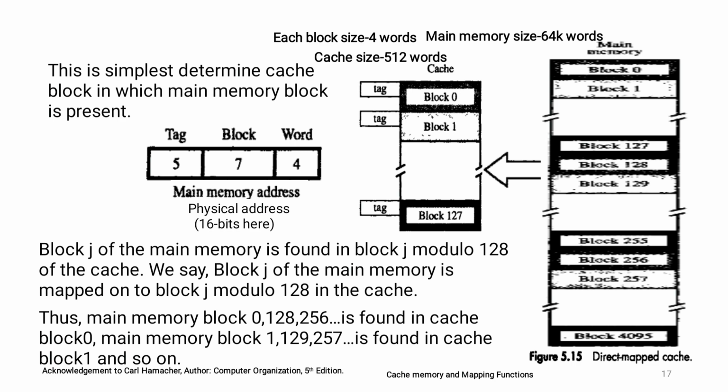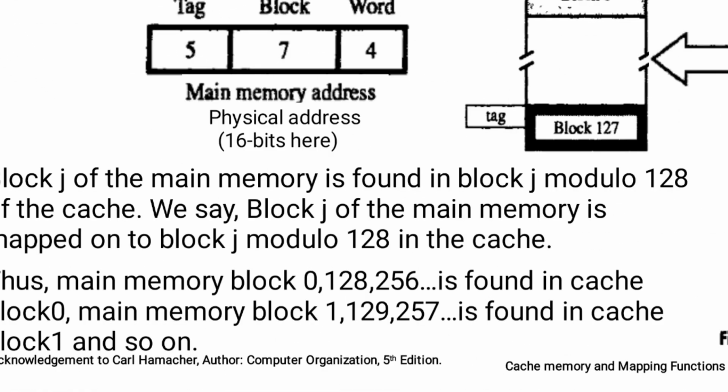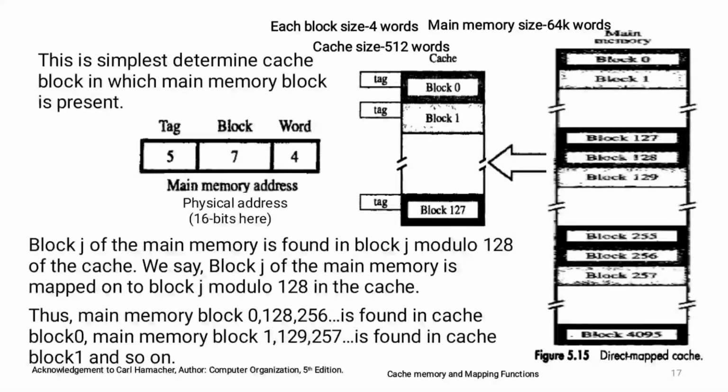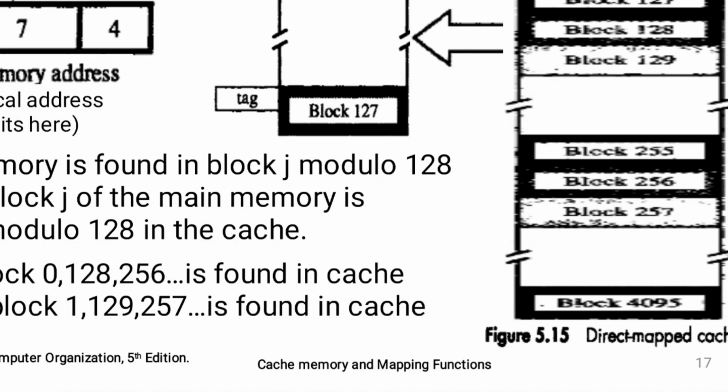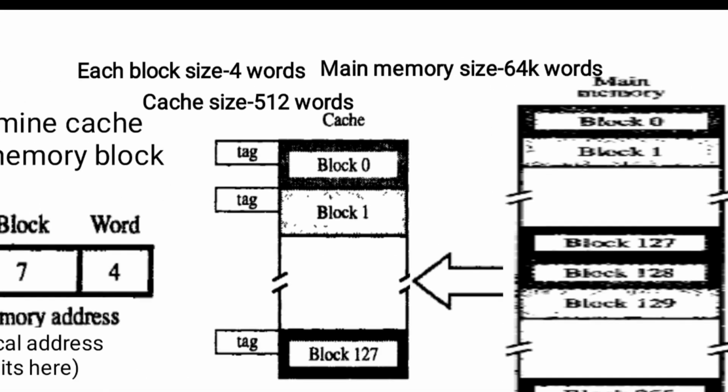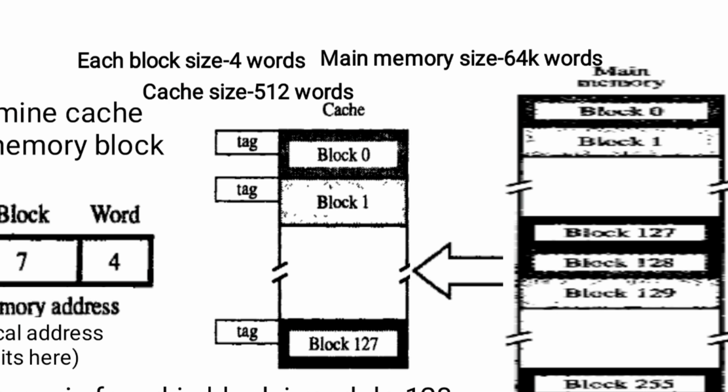So here is a calculation: block J of main memory is found in block J modulo 128 of the cache. What they are telling with this is how to do the correspondence in this technique. Here in main memory, you can see the last block is 4095 and the first block is 0. 0 to 4095 means 4096 blocks are there, that is 4K.